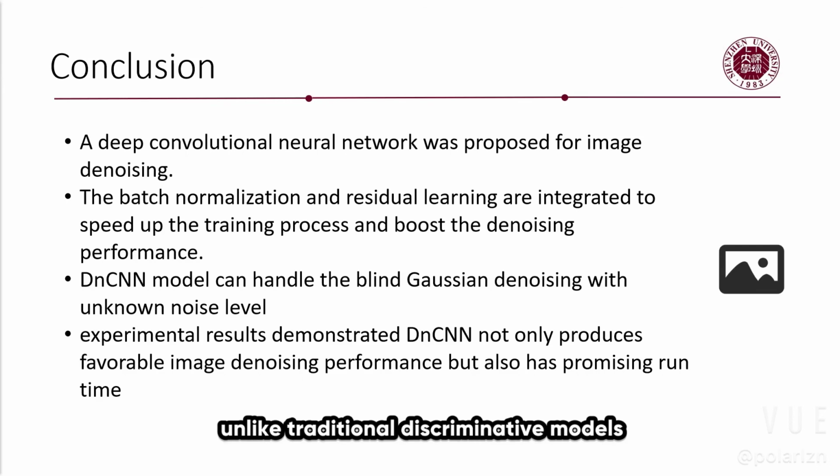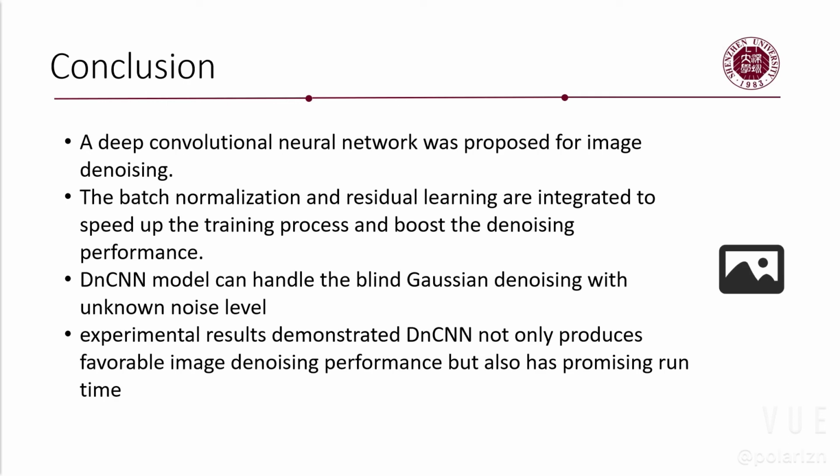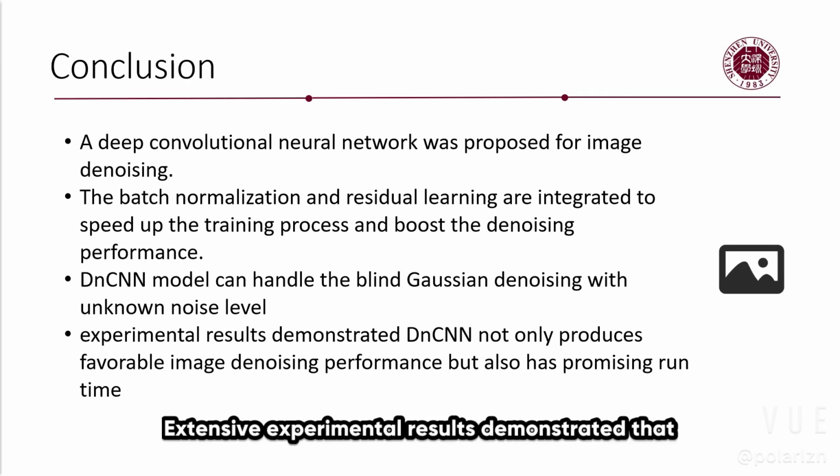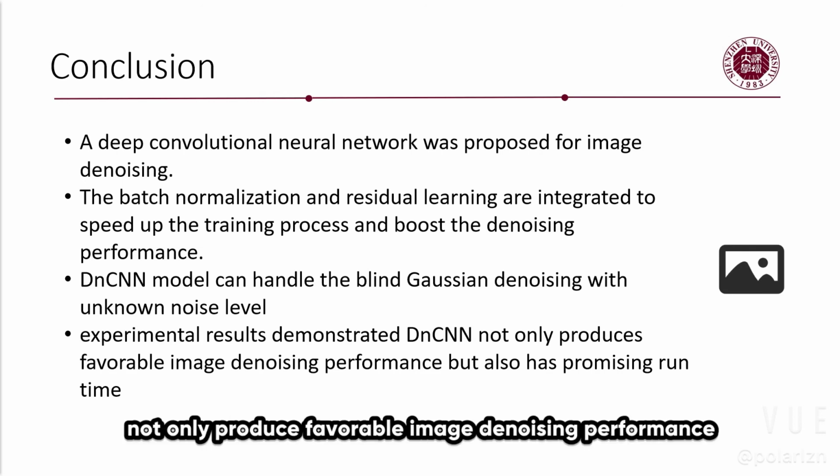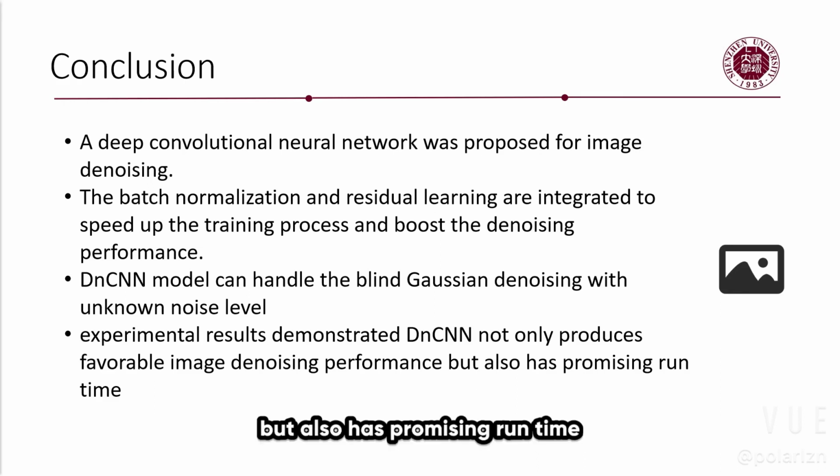Unlike traditional discriminative models that train specific models for certain noise levels, our single DnCNN model has the capacity to handle blind Gaussian denoising with unknown noise level. Extensive experimental results demonstrated that the proposed method not only produces favorable image denoising performance, but also has promising runtime and GPU implementation.